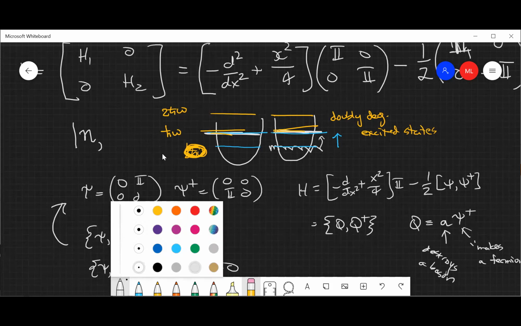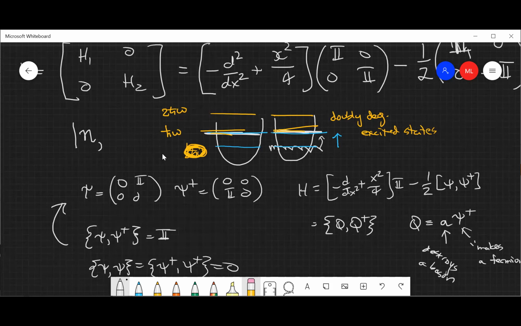We're in state 0, 1, 2, whichever energy level we're at. But that's not enough, because we know that the excited states are doubly degenerate. So we also have to specify which oscillator we're at. And that can be thought of as the number of fermions that we have.